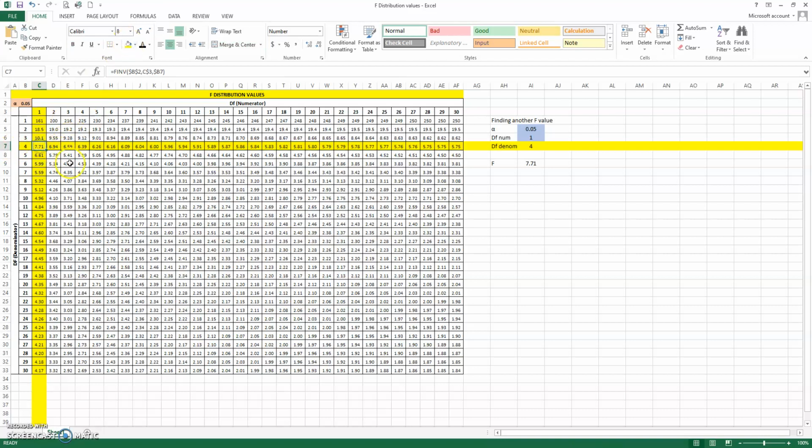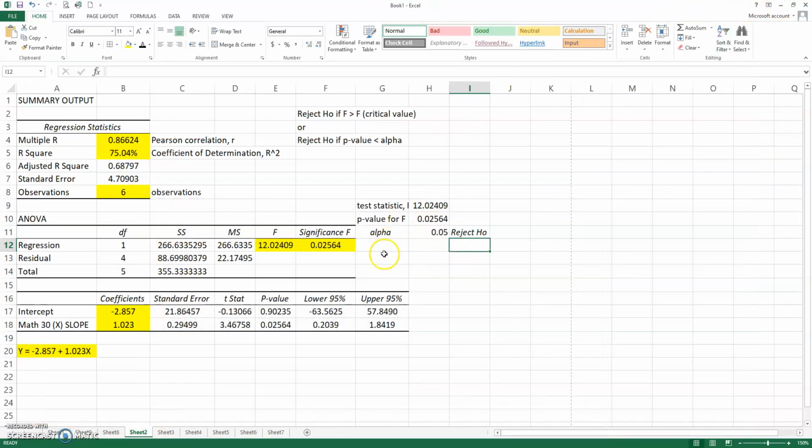The critical value is 7.71. So we can type that in here too. F critical value, 7.71. Comparing the critical value to our test statistic using our decision rule, reject the null hypotheses if the test statistic 12.02 is greater than 7.71. So we make that same decision.